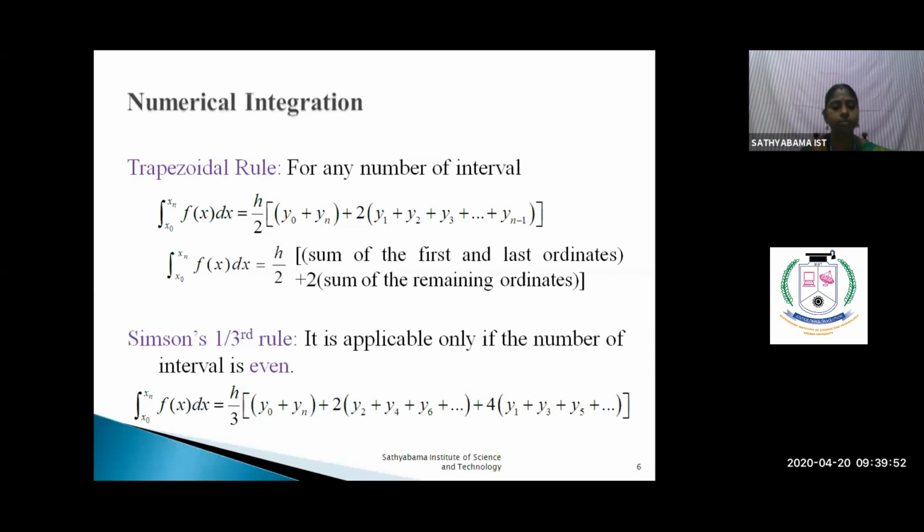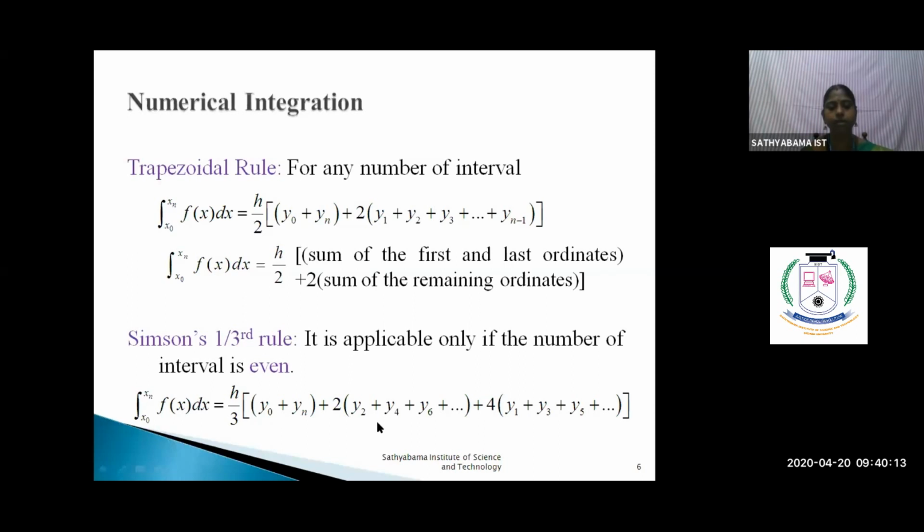So what is my Simpson's 1/3 rule? Integral x0 to xn f(x) dx is equal to h by 3 [y0 plus yn]. That's first entry plus last entry. Even in the trapezoidal rule we have the same y0 plus yn, and here also I have. But you look at the second term.